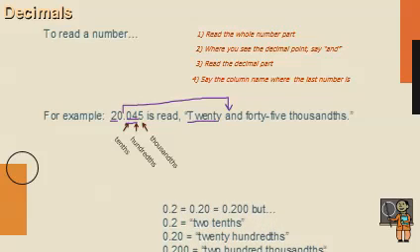You have to know also that 0.2 is the same as 0.20, it's the same as 0.200, because in all cases it's 0.2. So those zeros at the end are useless.